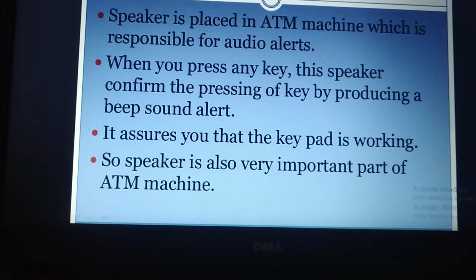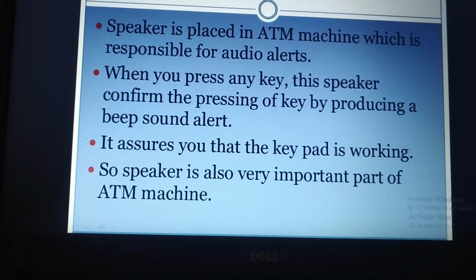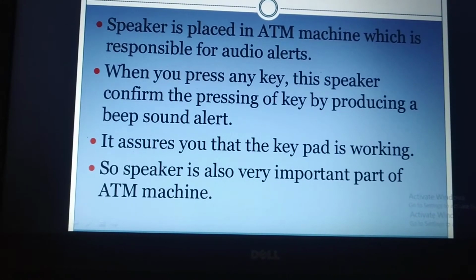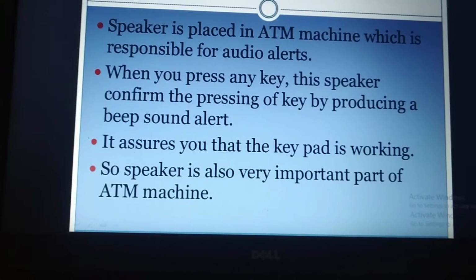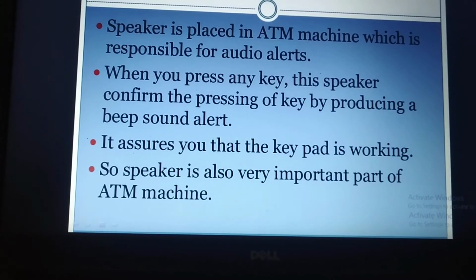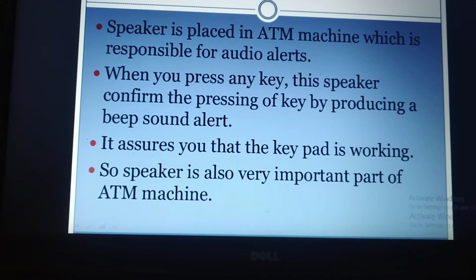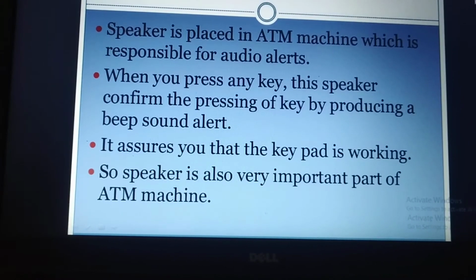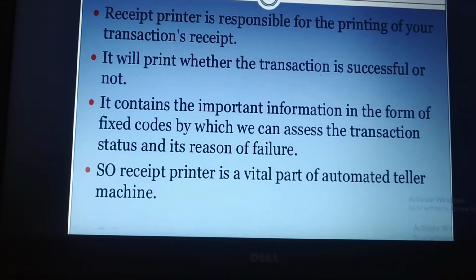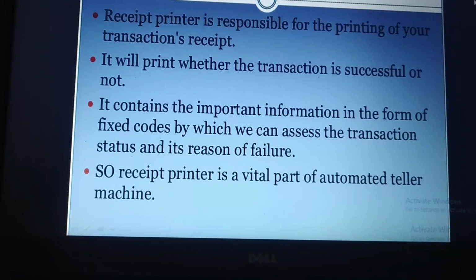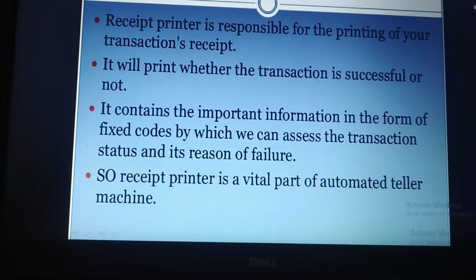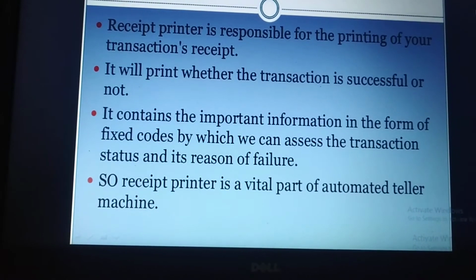Actually the speaker acts as an output mode, and when you press any key, the speaker confirms the key press, producing a beep sound or alert. It also signals when the keypad entry is wrong. So the speaker is a very important part of your ATM machine. The receipt printer is responsible for printing your transaction receipt.